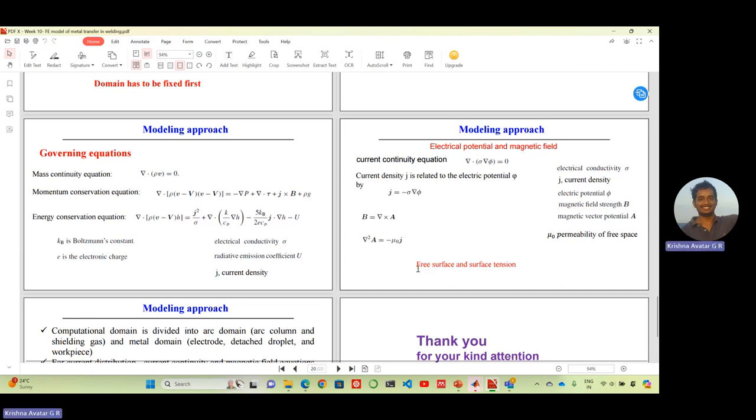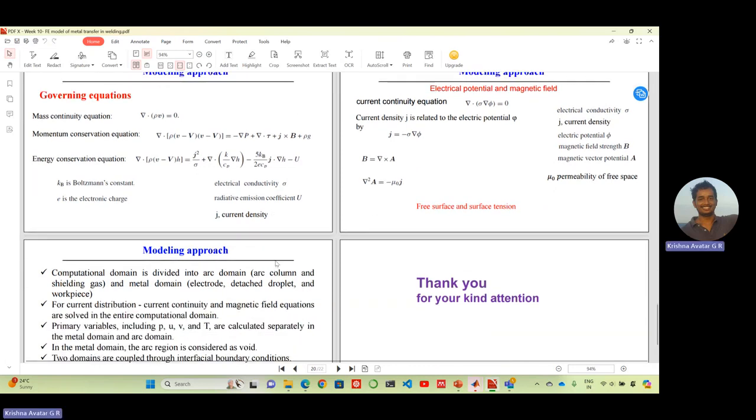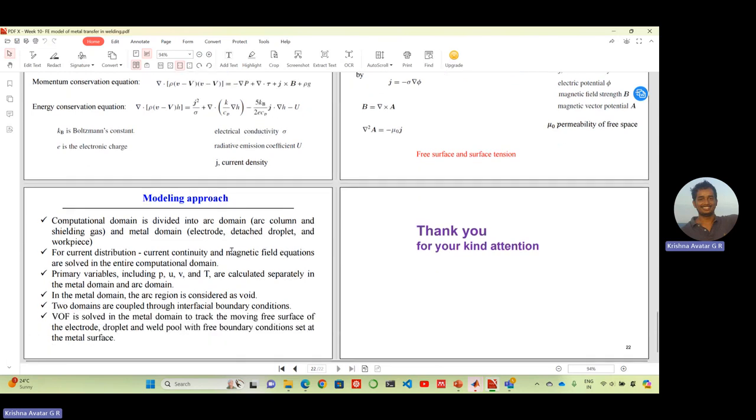And then we also have to take into account the effect of free pressure and the surface tension. As for the modeling approach, the summary is that the computational domain is divided into an arc domain, which consists of the arc column and the shielding gas, and a metal domain, which comprises the electrode, detached droplet, and the workpiece.